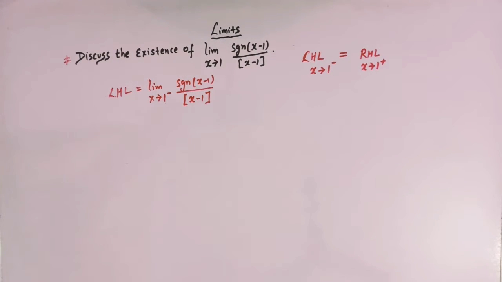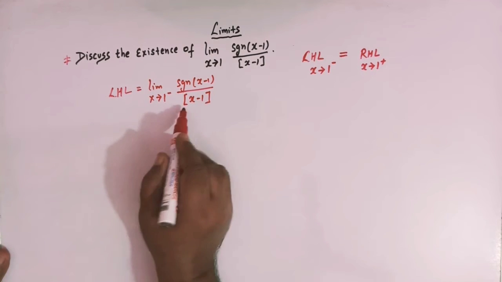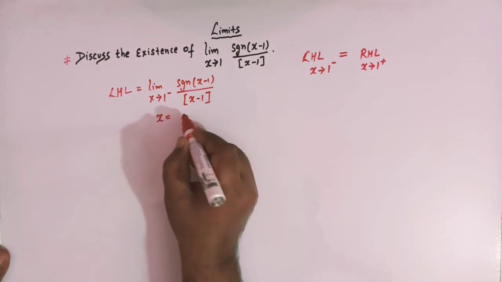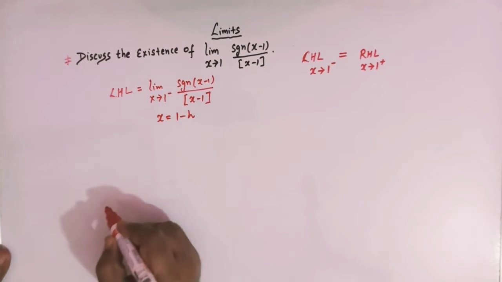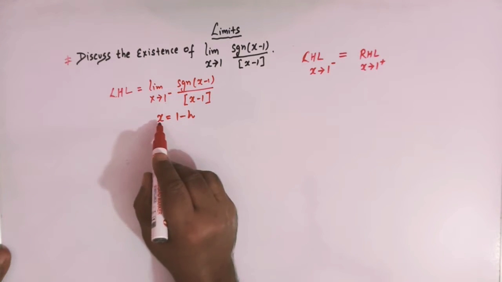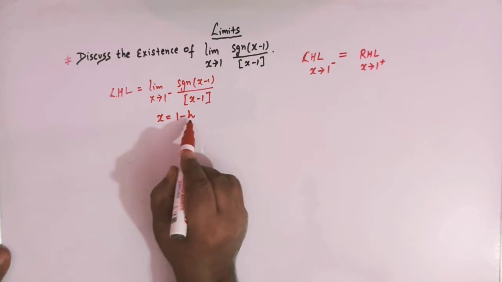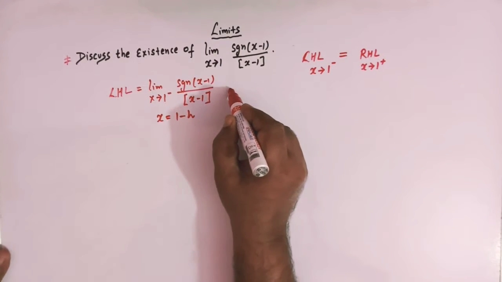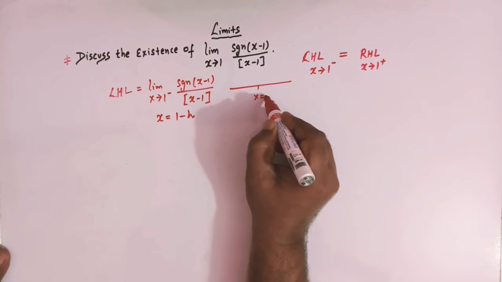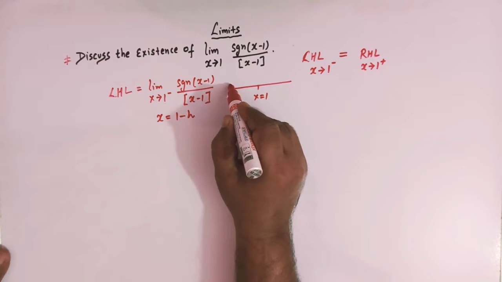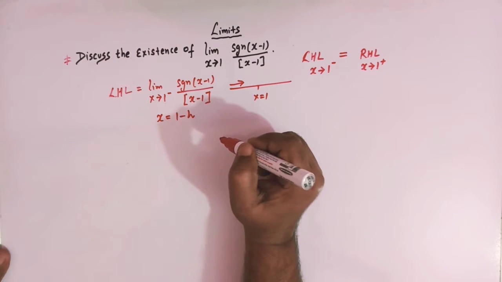Now let us substitute x is equal to 1 minus h. When we take x is equal to 1 minus h, it means we are approaching x is equal to 1 from the left of x is equal to 1.